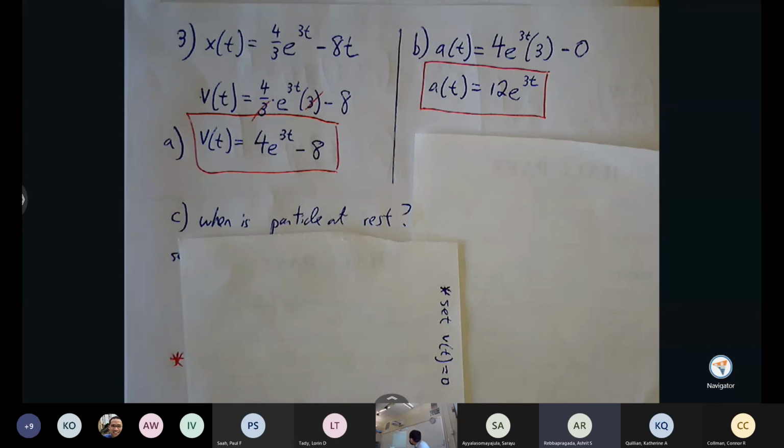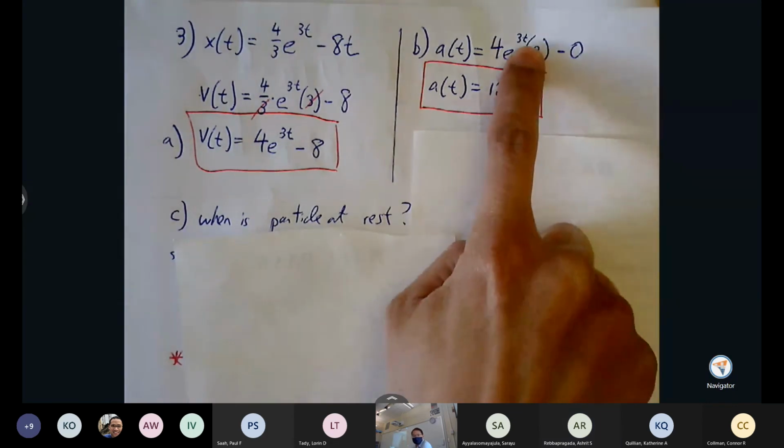Mr. Yang, isn't it 12e to the 2t or is it? Okay, so when we find the derivative for e to the u, it's just e to the u times u prime. It's not e to the u minus 1 times u prime. Oh, okay, thank you. Right, so we don't do power rule for this.